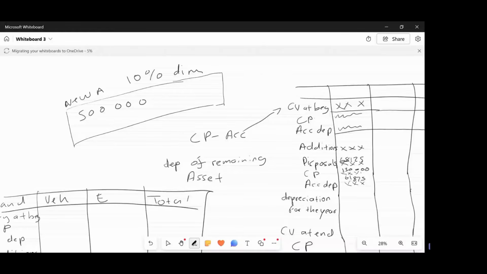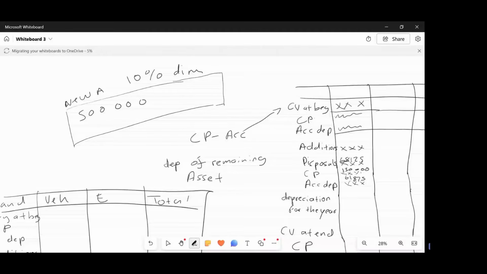So it means you calculate the remaining, and then you calculate for the one sold, and then you calculate for the new asset: the cost price of that asset you bought minus 0, because it's a new asset. Then you say, when did we buy this asset?